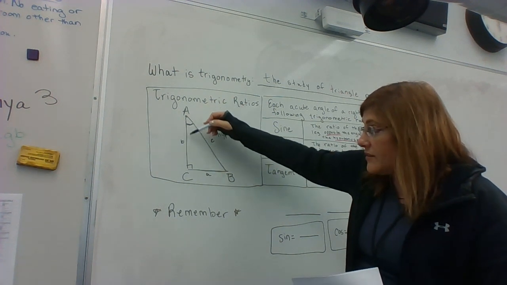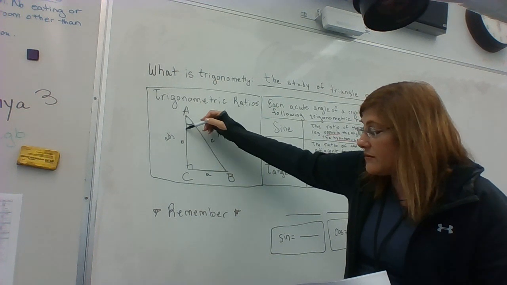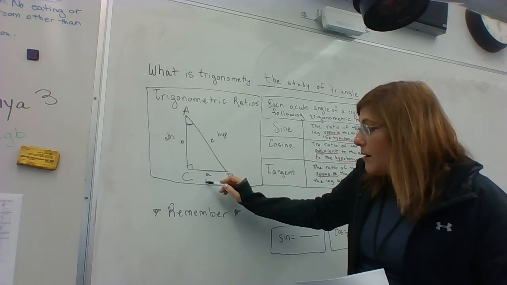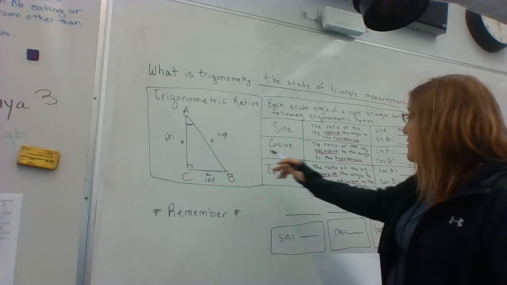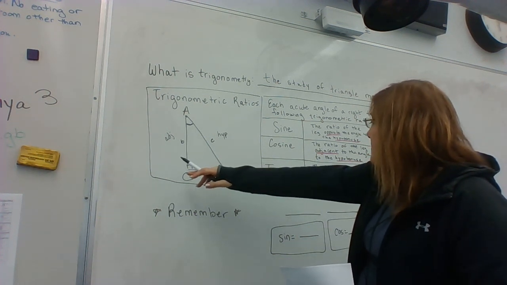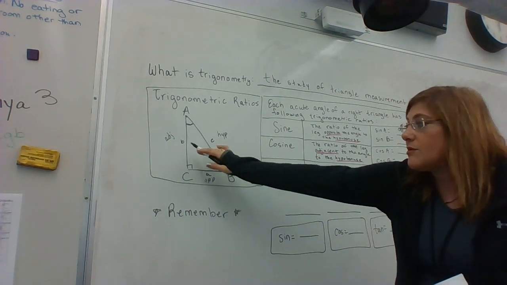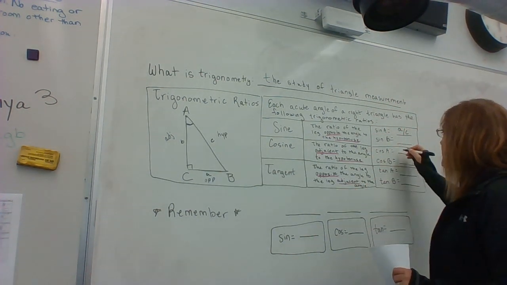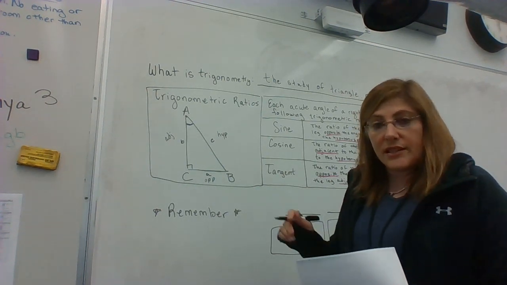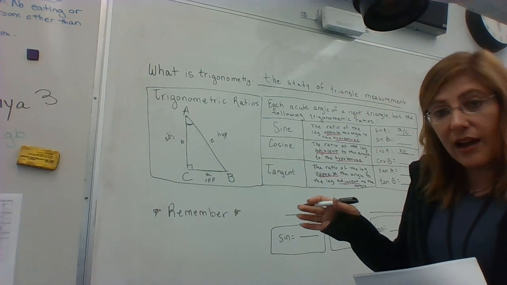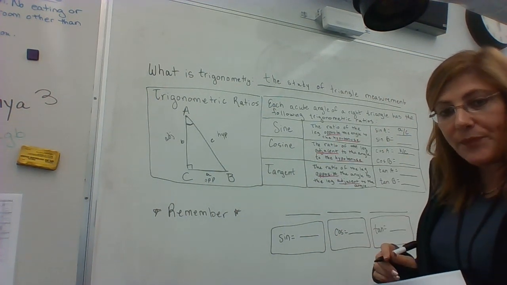So the leg, this is adjacent to angle A. It's right next to, and this is opposite angle A. So it tells us the ratio of the leg adjacent to the angle A to the hypotenuse. That's going to be B divided by C. B over C, that's a ratio. Remember, ratios, I always wrote them as fractions. That's how we're writing them over there.